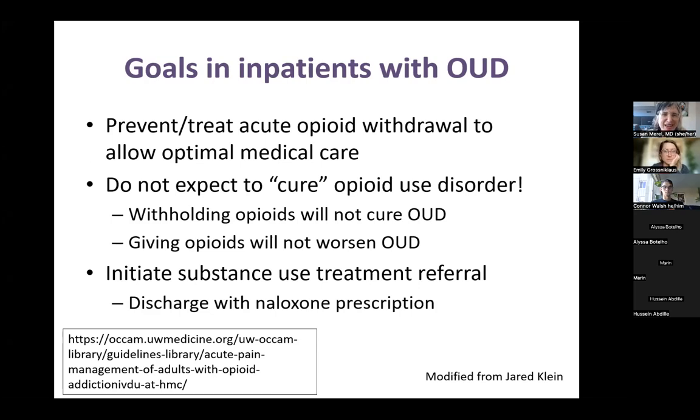But that's not the case. They have a long-standing serious problem that they can get treatment for. But what we do in the hospital is generally not going to make the underlying opioid disorder better or worse. What we can do is really hurt their medical care if we let them withdraw, because often they'll leave, right?